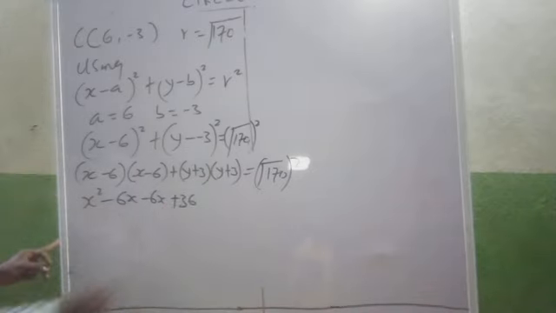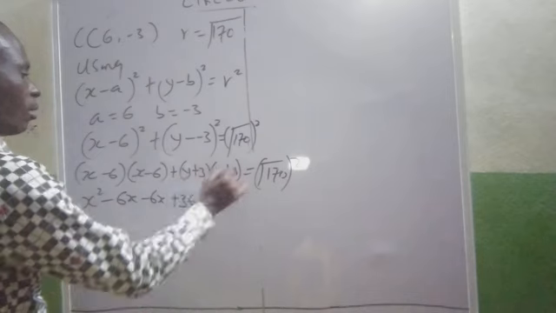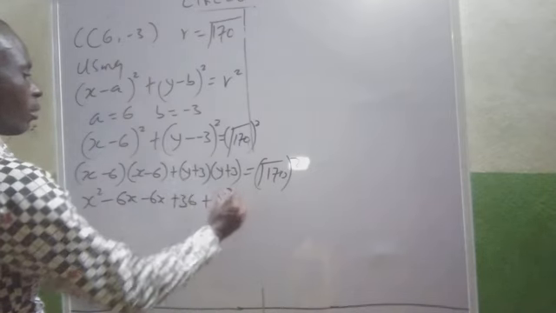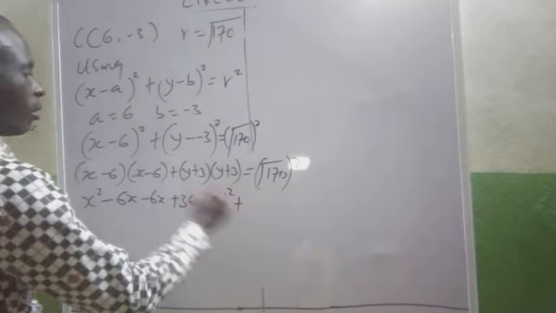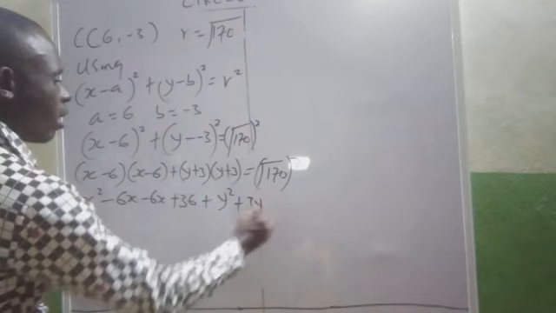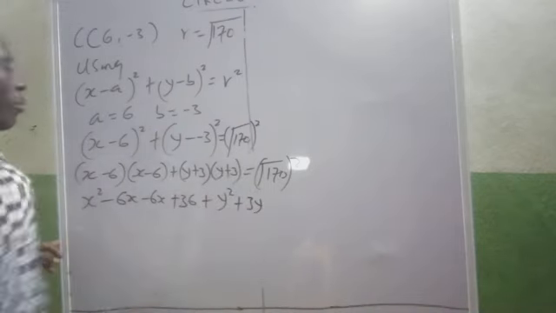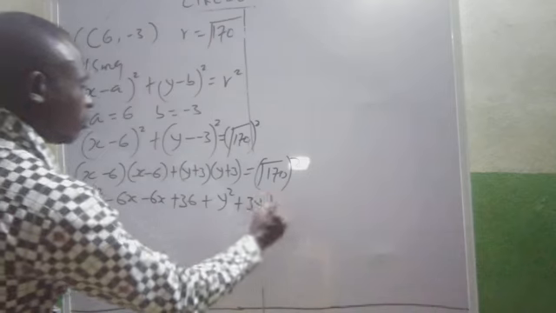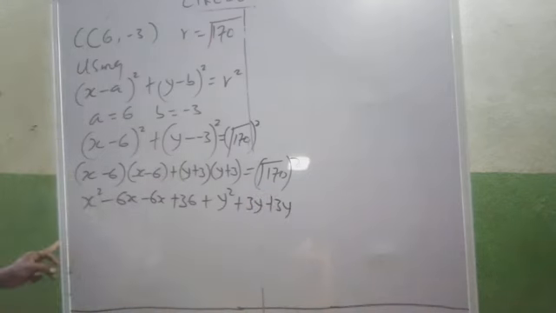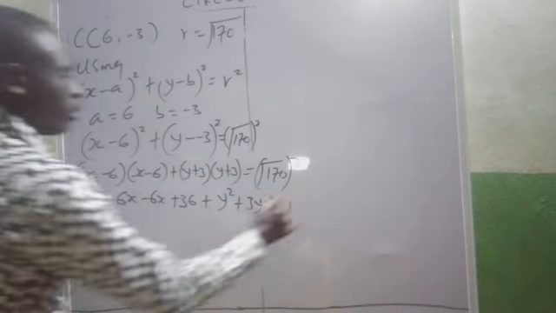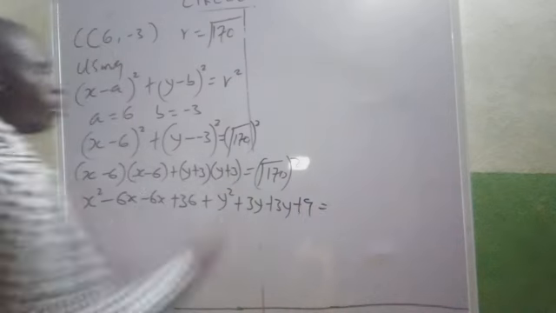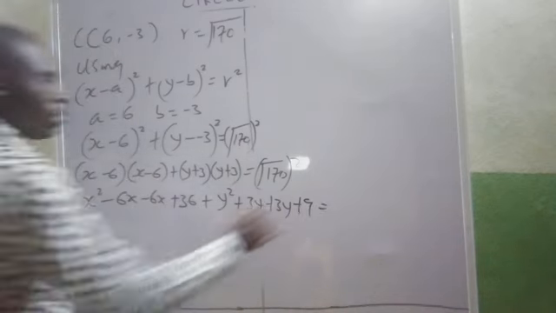Here is y squared, plus y times 3 is 3y, 3 times y is plus 3y. Then you have 3 times 3 is plus 9. The square root of 170 squared is 170.